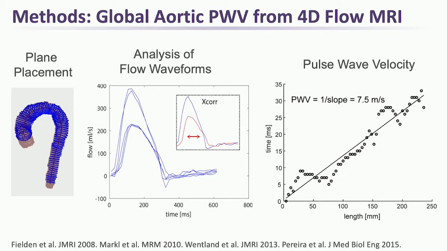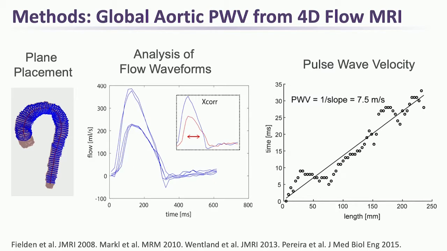Global aortic pulse wave velocity was also derived from 4D flow. So this again started with the aortic segmentation. An automatic centerline was drawn, and automatic planes were placed along the entire vessel. At each location of the planes, the flow waveforms were characterized. I'm just showing a subset of those planes here for simplification, but all about 60 or so planes would be included.